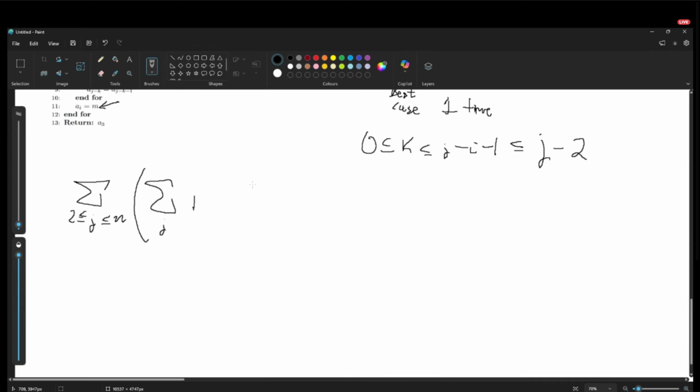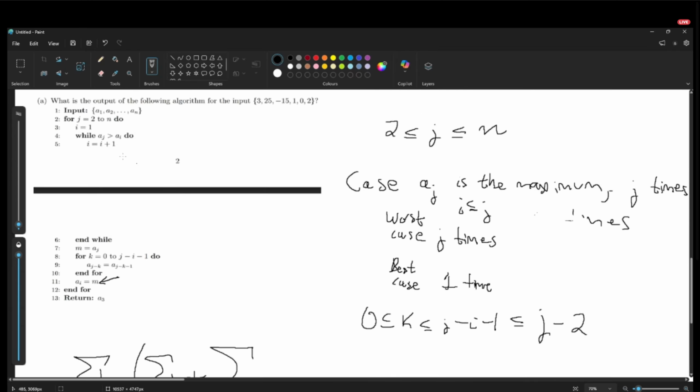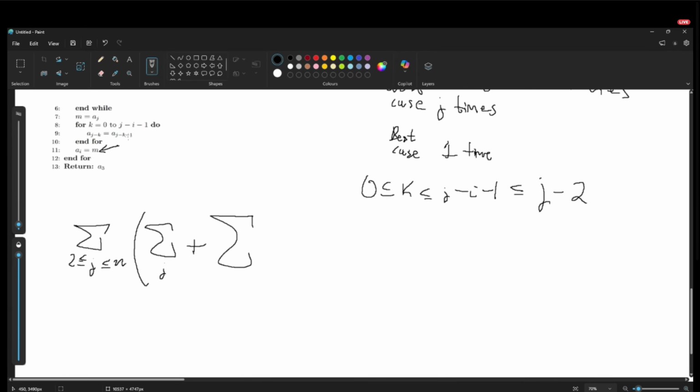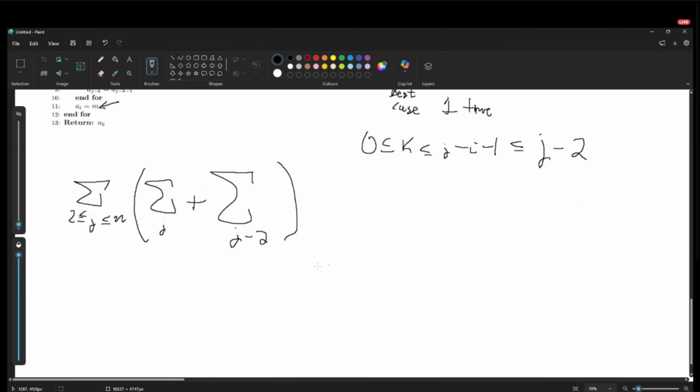Then the second loop will end up being up to j minus i times, which in the worst case is up to j minus 2.